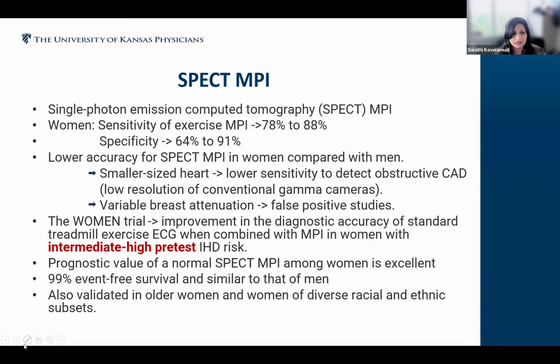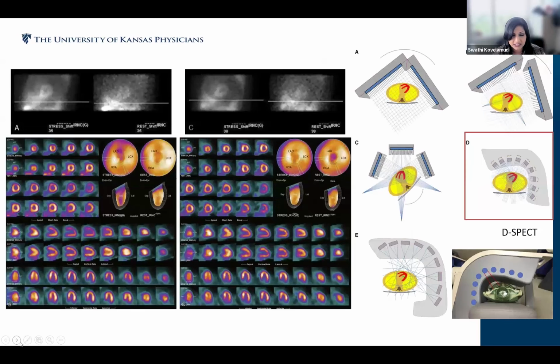However, in women, again, this is the test that is most prone to breast artifact. And this is on the right, the various SPECT cameras. At KU, we use the D-SPECT camera. And you can see why this test is so prone to breast artifact is because all the cameras are essentially in front of you. So if you have a significant portion of breast shadow that switches in between pictures.